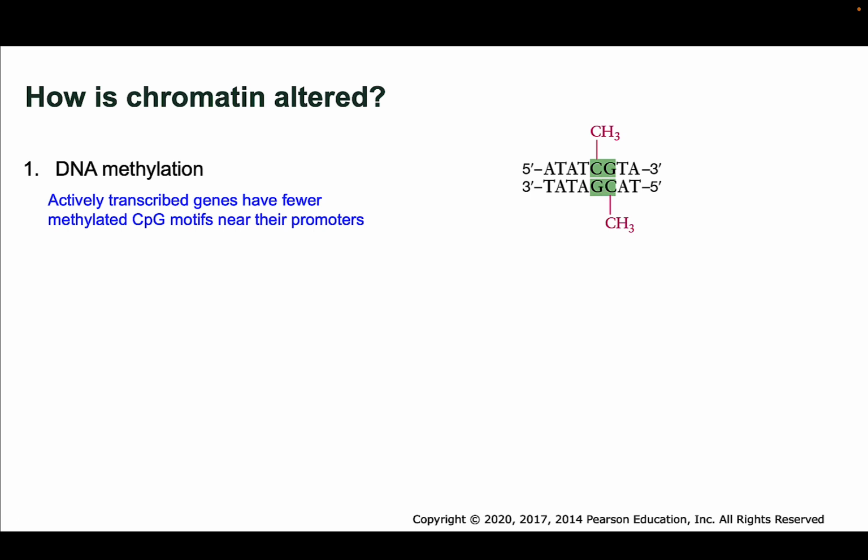And so this is often referred to as a CpG motif in this conformation here where we have the cytosine being methylated. And it turns out that actively transcribed genes have fewer methylated CpG motifs near their promoters. Okay, so that's one way, is by directly altering the DNA itself.